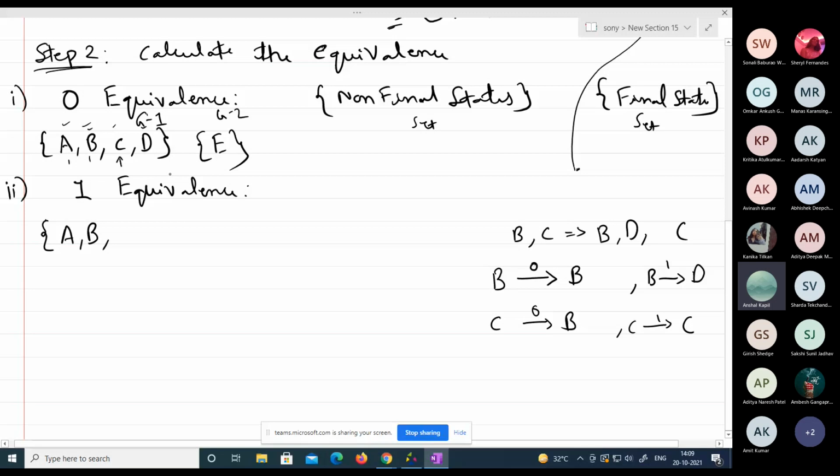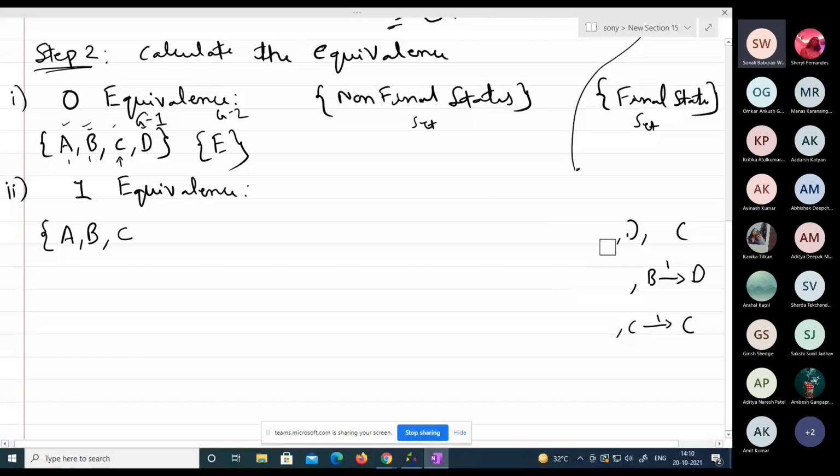We can include C now in the first one equivalence set, okay? Because they are present in the same state, that's why we have included C here. Now this is done. Now we have to check for D, whether D can be included over there or not.